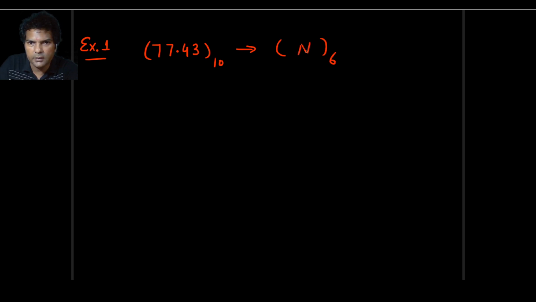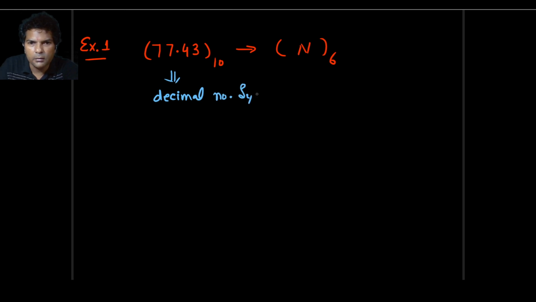This is a capital N, so we need to find this capital N. To convert from the decimal number system to any radix number system, this is what we have been given. This is the decimal number system.